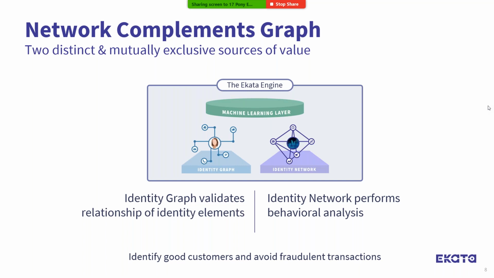Yeah, so a lot of the time what you see is a consortium will literally get some feedback from a customer that says this set of identity elements were associated with a bad transaction. And they'll say, okay, this IP address is just bad. This email address is just bad. And that's a blacklist, right?